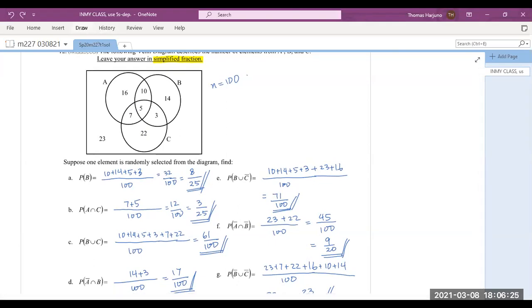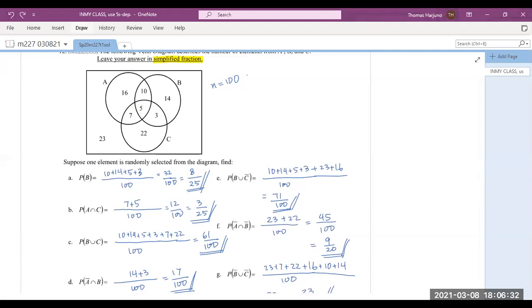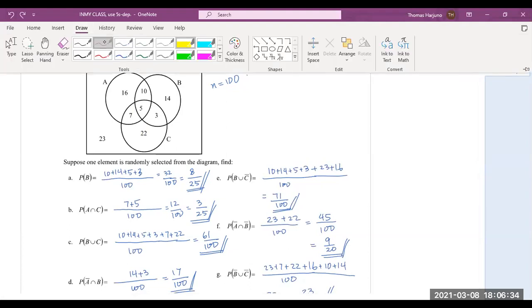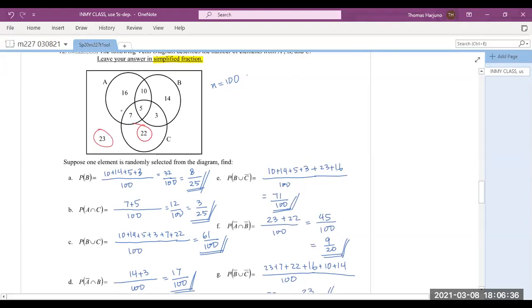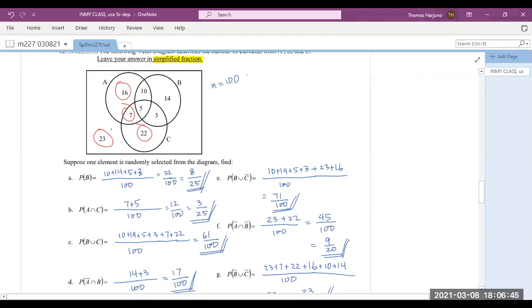In class, when I don't have highlight, then I use my marker. I circle them. So outside of B are circled. Assume this is my classroom. Then I circle them because I cannot highlight. And then outside of C, I use another color. Outside of C will be this guy and this guy and this guy and this guy. And then I ask them, okay, it's a union, so if you circle it at least once, you count it in.